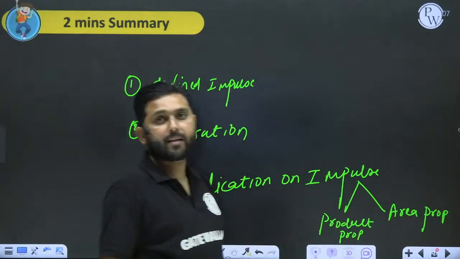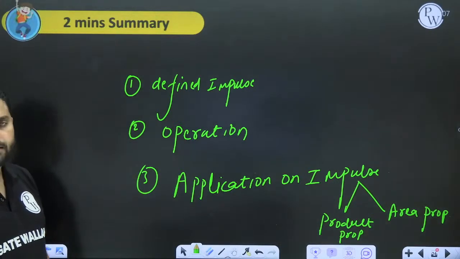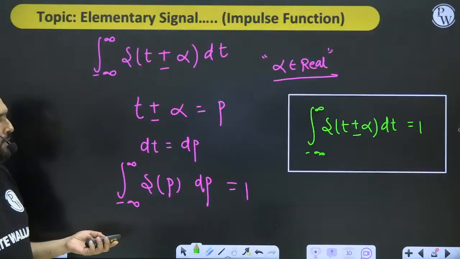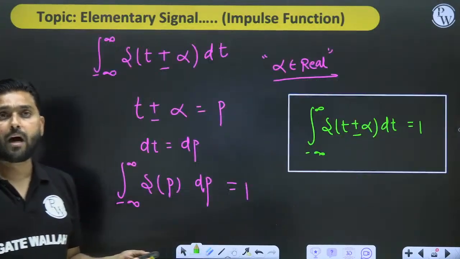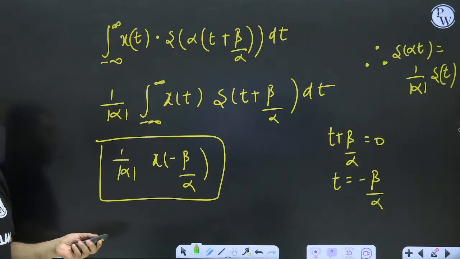One more property is there which is very interesting, the approximation property, that we will cover in the next class. Hope these points are clear to you. These points are very, very important, mind it. These are some of the most important points that we have covered in today's class.